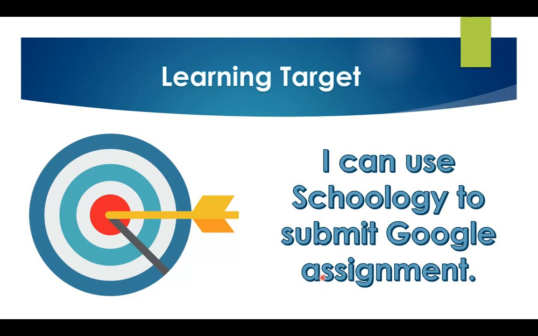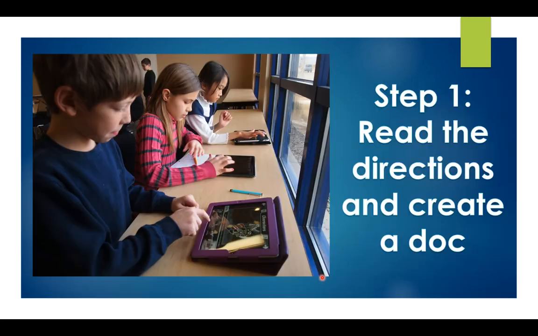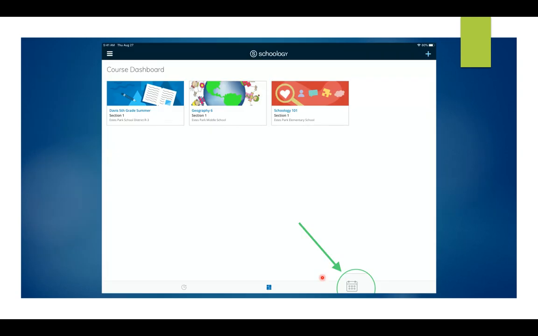So our learning target today is I can use Schoology to submit a Google assignment. First thing you need to do, like with anything, is read the directions on the assignment, right? So let's find the assignment. I'm showing you a little bit different way to find your calendar. If you're in the Google app, it's at the bottom of your home screen.